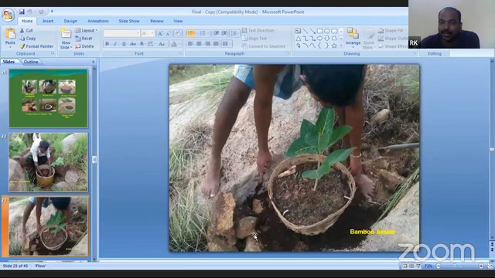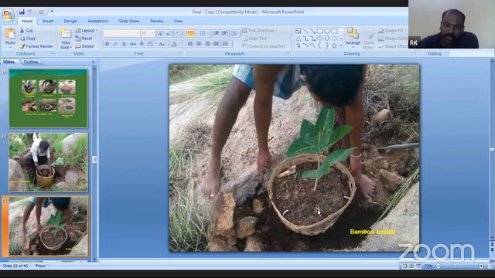This is the rock area. This is wasteland. So how do we select the land? Because these are rock, but in any rock area some broken portions are there. In that broken area we plant in these bamboo baskets.